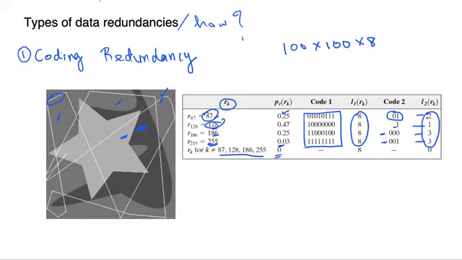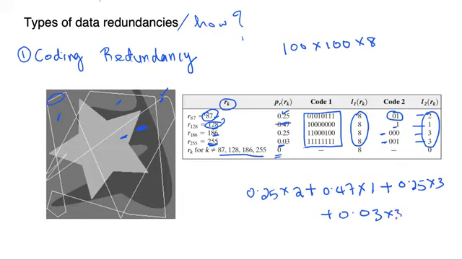In other words, if I am taking only 2, 1, 3, 3 length bits to store my image, then you can see that 25% of the data is taken by this 2. So you can do the math: 0.25 into 2 plus 0.47 into 1 plus 0.25 into 3 plus 0.03 into 3. If you do this calculation, you can see that only 1.81 bits will be used to store a single intensity.